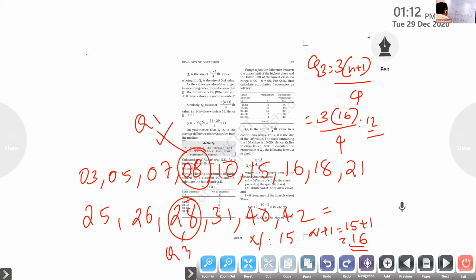Now we go to Q1 and Q3. Apply it. What is that? 28 minus 12 divided by 2.